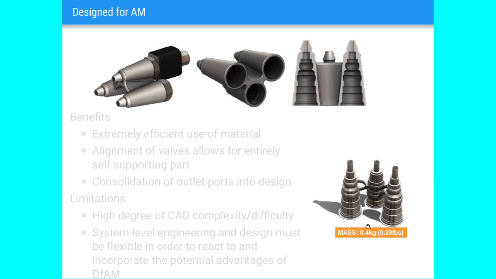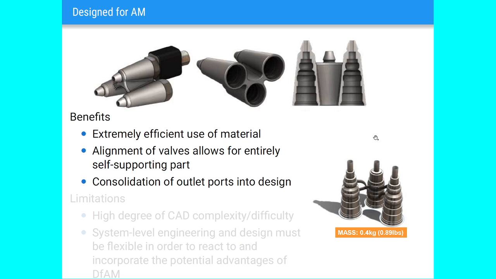So you can imagine that from the same material which was 4.6 kg, you will be able to print around 10 components instead of one component when you are using printing technology or additive manufacturing technology for producing this kind of components.